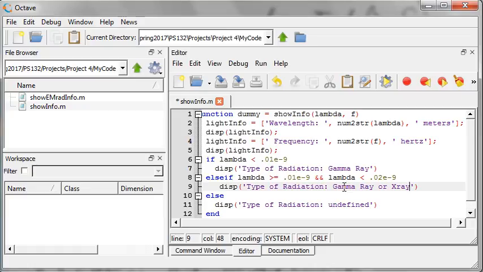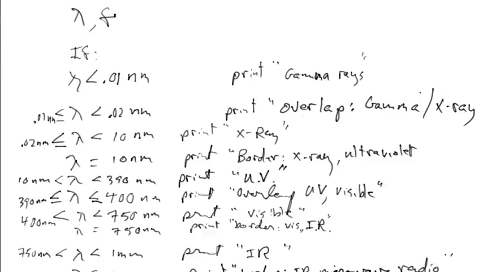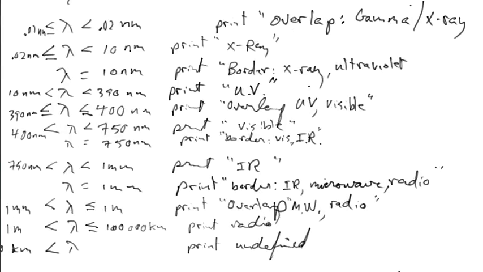We're in the overlap region, so it's gamma ray or X-ray. Now let's make sure I got that right. I want it to be less than 0.02 nanometers. Yep, that's where we are. Less than 0.02 nanometers. And it's in that overlap region between gamma ray and X-ray.